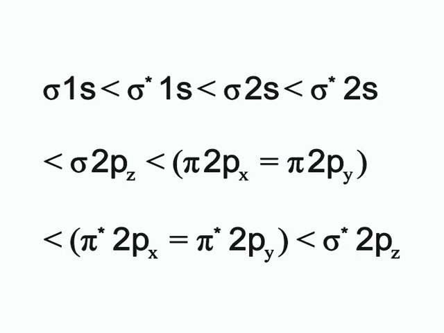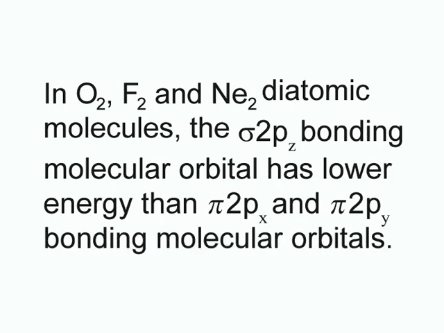It has lower energy than pi star 2px, its energy is equal to pi star 2py. It has lower energy than sigma star 2pz. In oxygen, fluorine and neon diatomic molecules, the sigma 2pz bonding molecular orbital has lower energy than pi 2px and pi 2py bonding molecular orbitals.